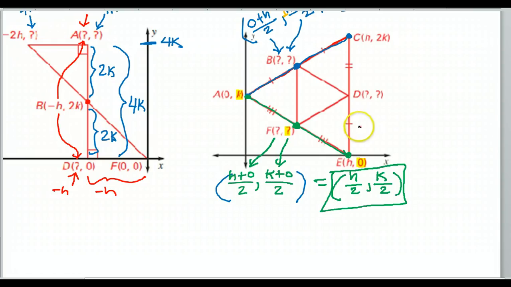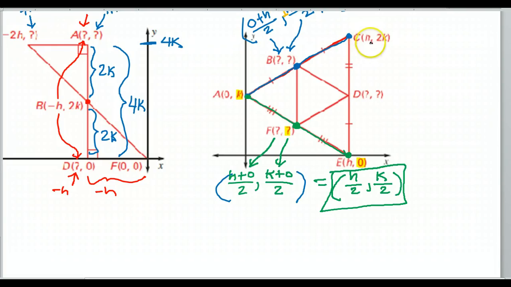Now, last but not least, we have to do point D. So here's the deal. Let's start with the x value of point D. Well, this is a vertical line, so that means that the x value is just going to be h.